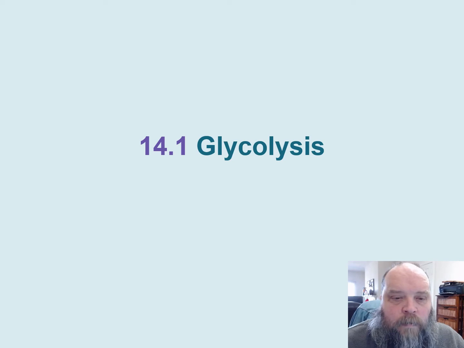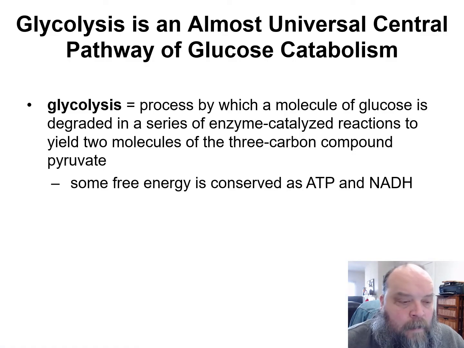First, here in section 1, we're going to be looking at glycolysis, okay? Hopefully you remember from earlier courses that glycolysis is the breakdown of glucose, where glucose is degraded, broken down to form 2 3-carbon pyruvate molecules. In the process of this, a couple of ATP will be generated, and, well, I should say a few will be generated, and we'll talk more about those numbers in a minute.